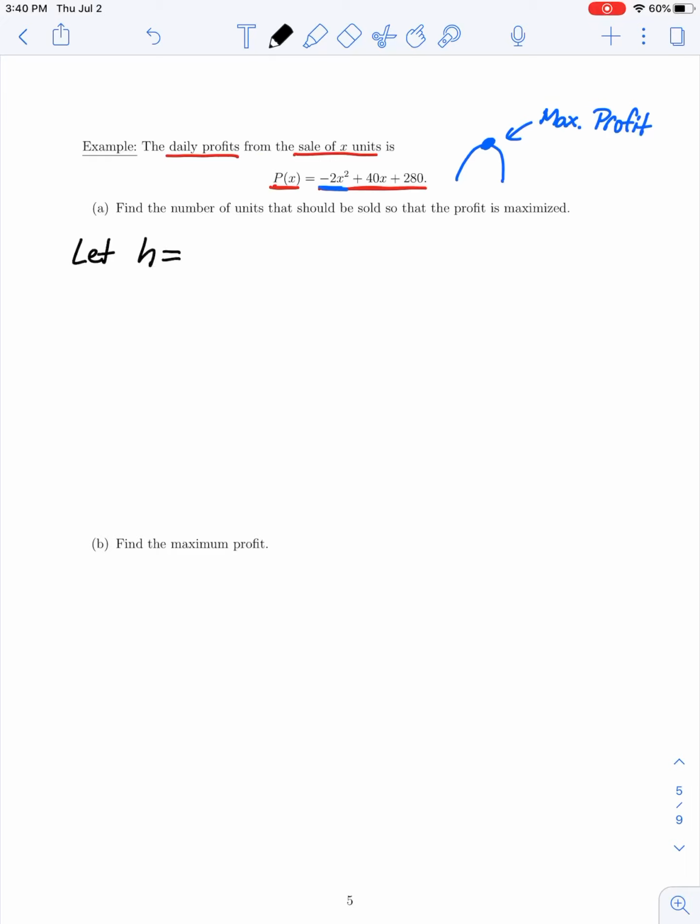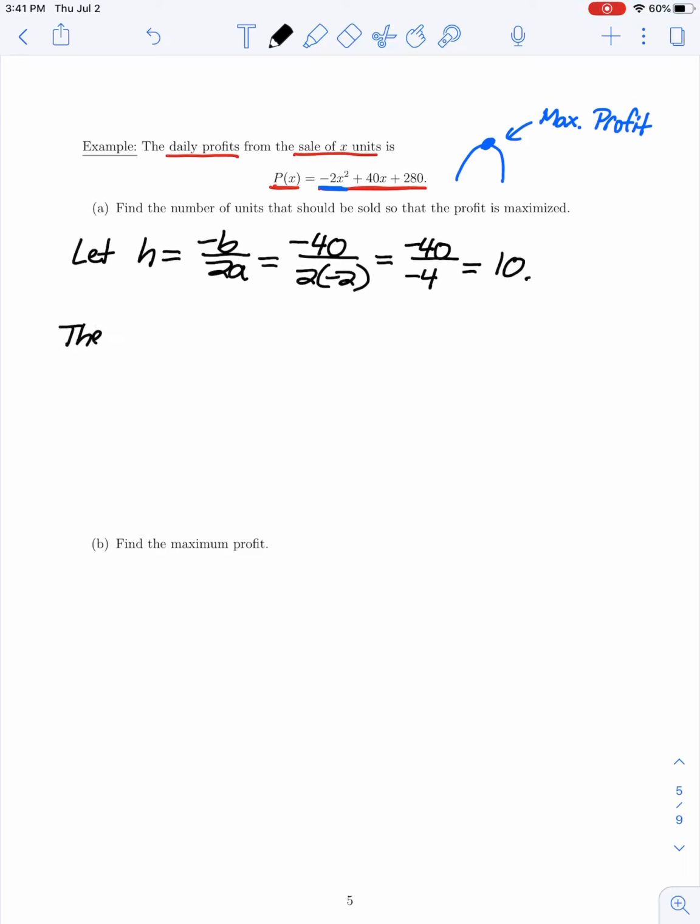Now to find our vertex, the x-coordinate of the vertex, which we call h, is given by negative b over 2a. So here we have negative b, which was 40, divided by 2 times a, which was negative 2. So we have negative 40 over negative 4, or positive 10.